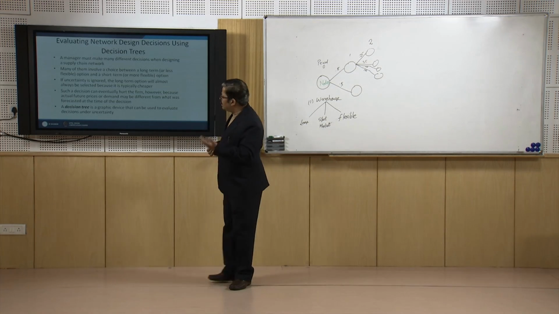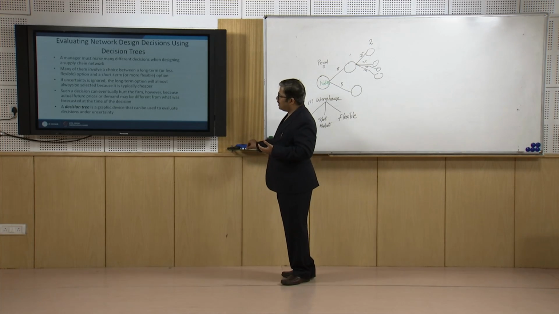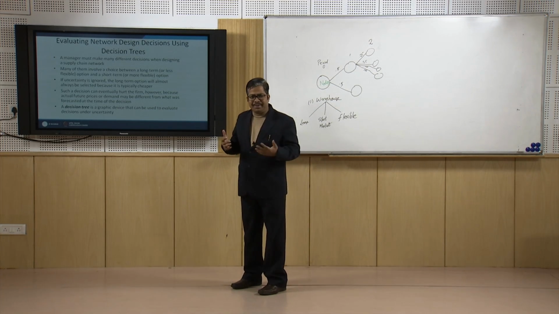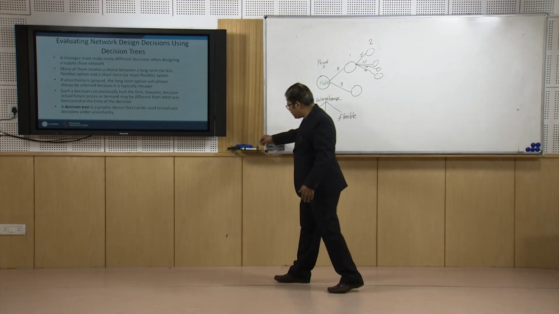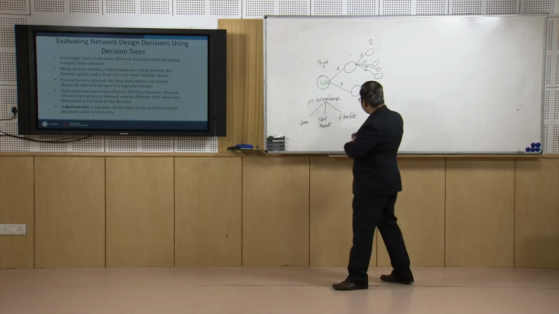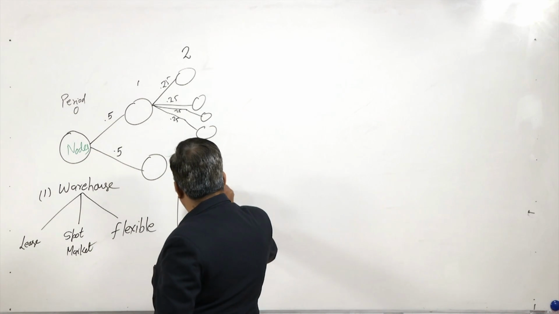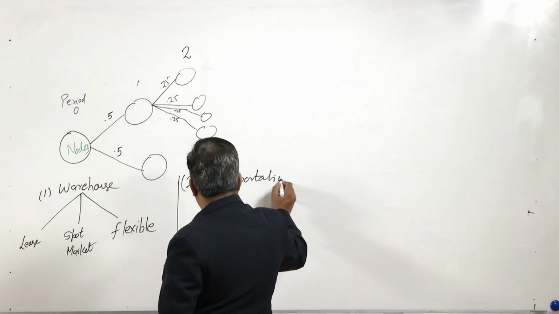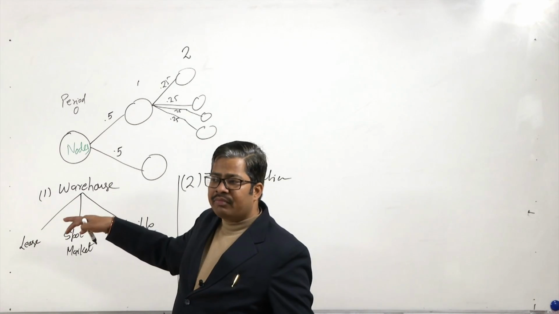So managers need to take decisions in the supply chain, and these decisions are with respect to facilities and transportation. I am talking of warehousing, but the same situation we can take to transportation, where all these three things are possible.